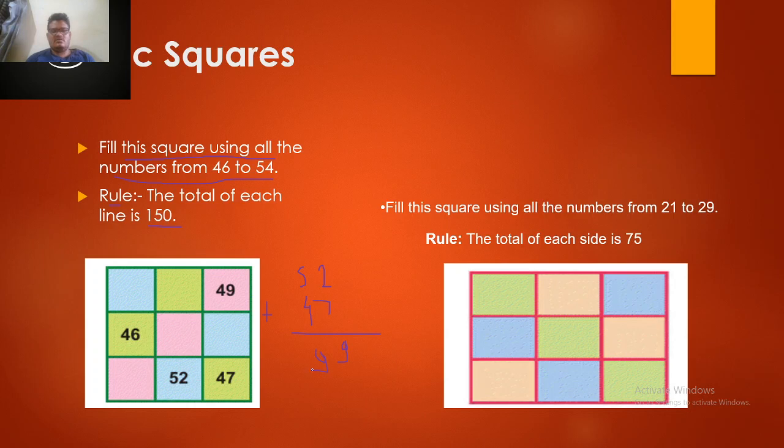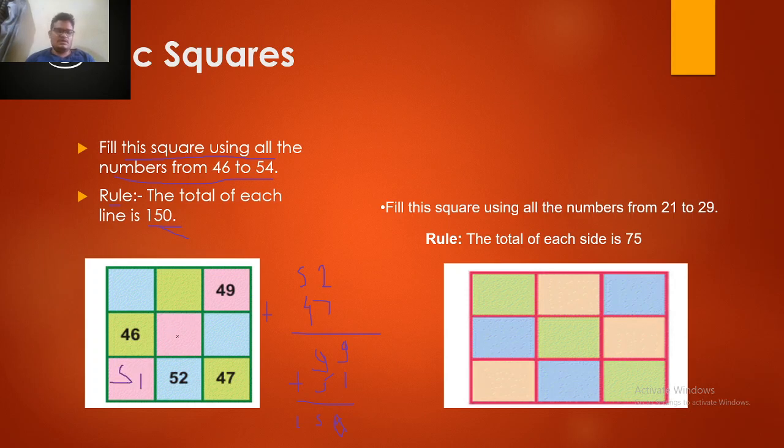So how much should we add to get a total of 150? So we have to add 51. So we will get 150. Okay, so here will be 51.